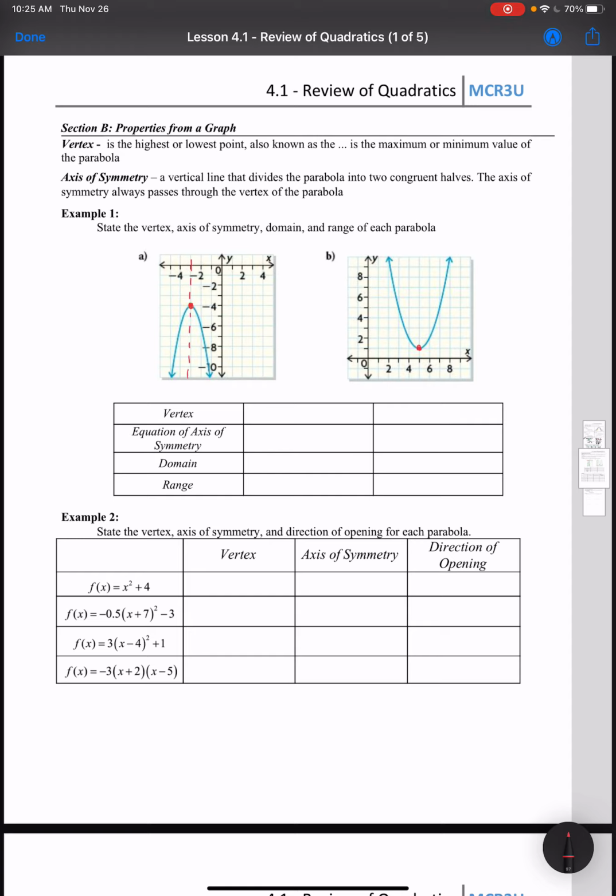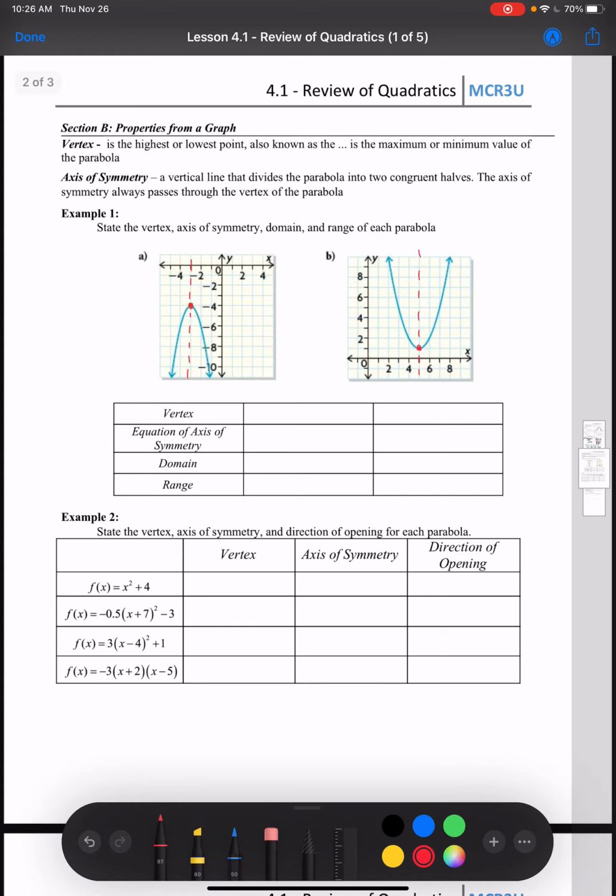They're the same shape, just oriented differently. The axis of symmetry always goes through the vertex. So the vertex is not only your lowest or your highest point, but it's the point which the parabola is also symmetric around.